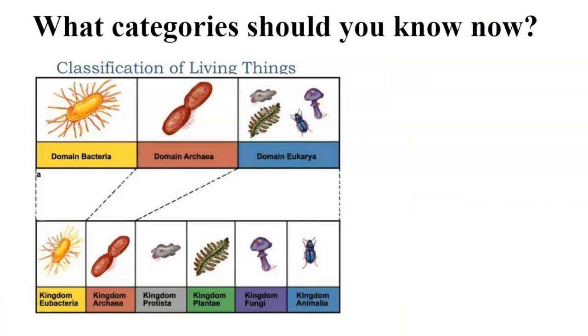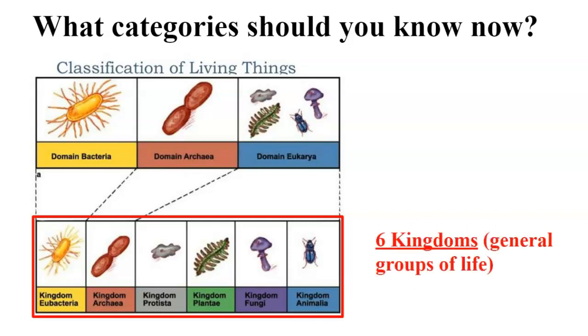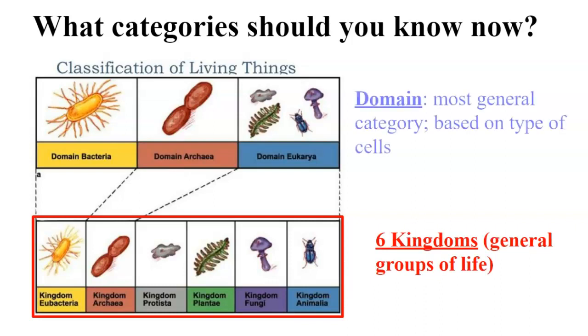So when we've assessed on this in the past, we have focused in on the different kingdoms. There's 3 domains, which is a larger, more general group, and 6 kingdoms. So knowing the 6 kingdoms I've assessed on in the past, domain though is the most general broad group, and that's based on type of cell.